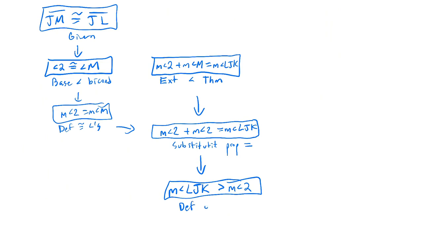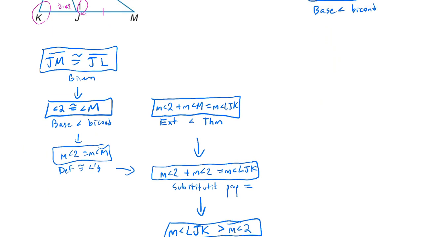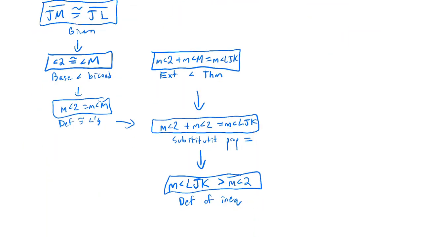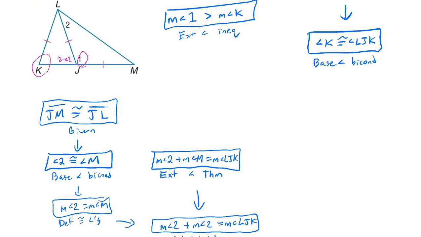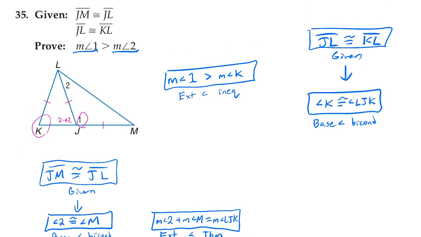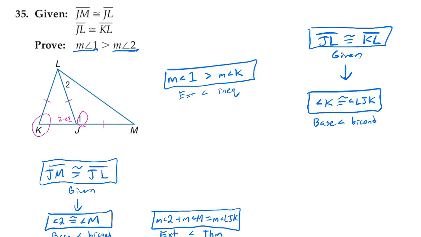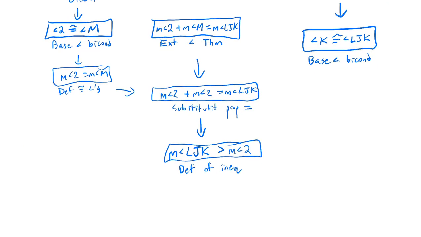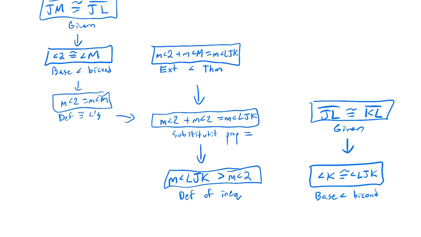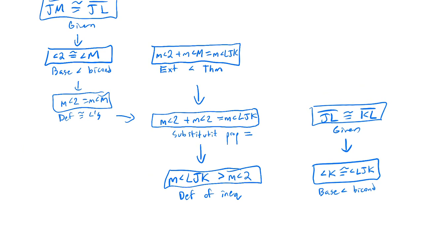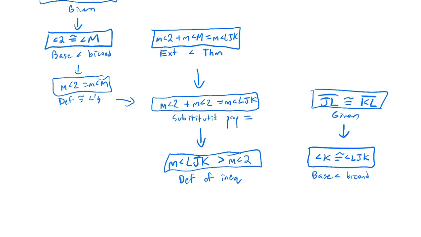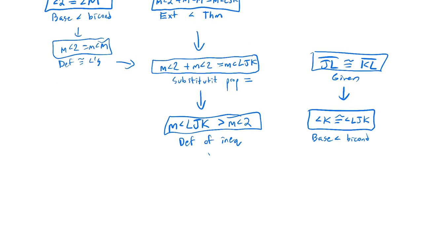So this proof is harder than I would absolutely expect of you on a quiz or test, but you can follow along with all this logic. So we've got LJK is bigger than 2, and we're going to just bring these down. Okay, let's go. Bringing this down, because those sides are the same, we get those are the same, and then we can substitute that in.